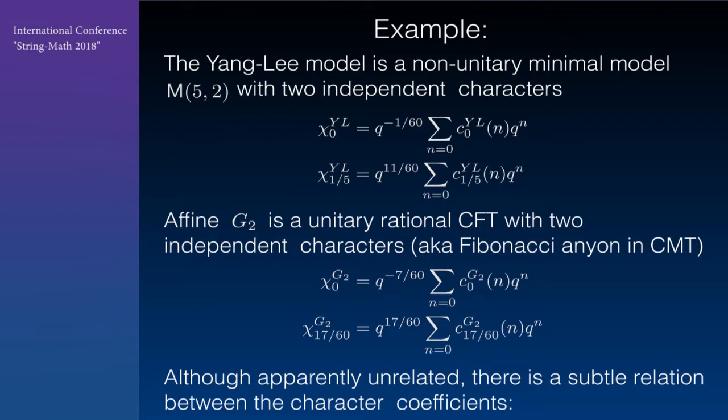And then there's another unitary rational conformal field theory, affine G2 at level 1, which also has two independent characters. And I've expanded those as an expansion in q. So I basically am going to explain a relationship between a bunch of coefficients here that are the coefficients in the q expansion of the independent characters of two different rational conformal field theories.